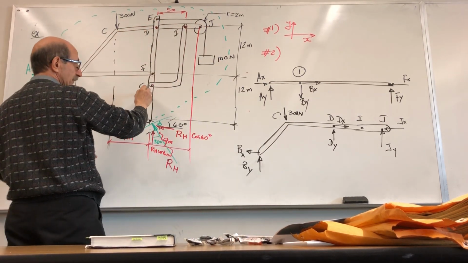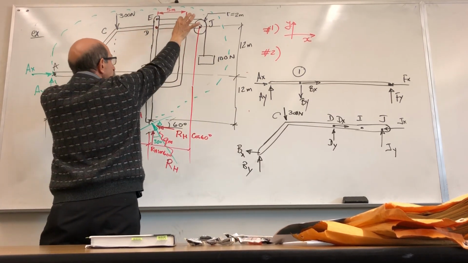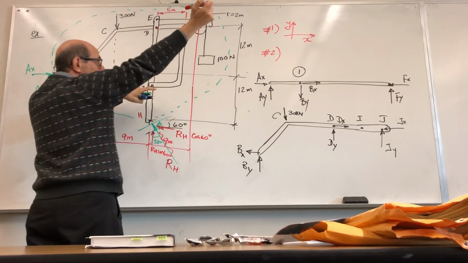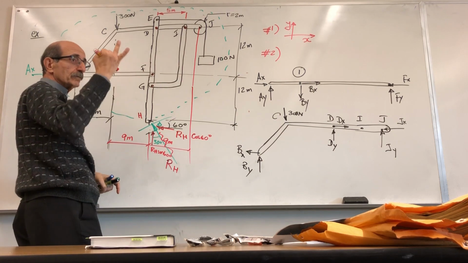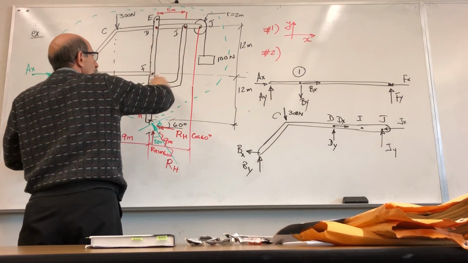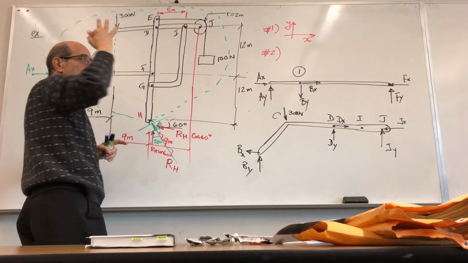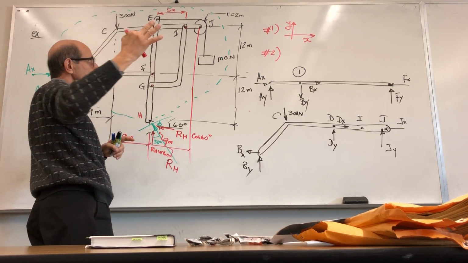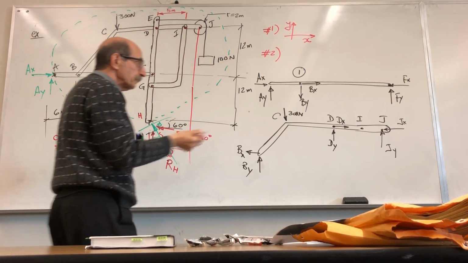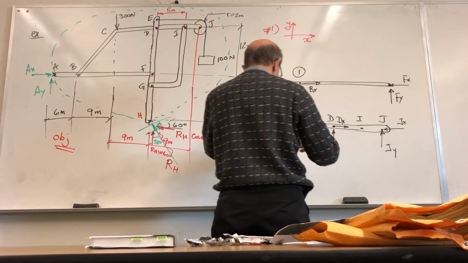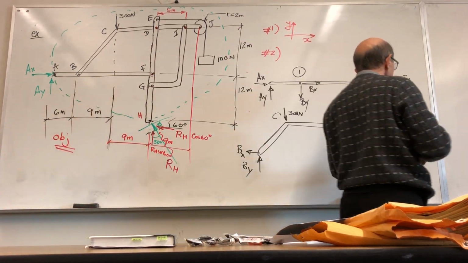You have a member connected only at the two ends. Number one, these endpoints are pin connected. Number two, no load acts along this member. The third property or the attribute of a member. That means if you consider, look at that member.